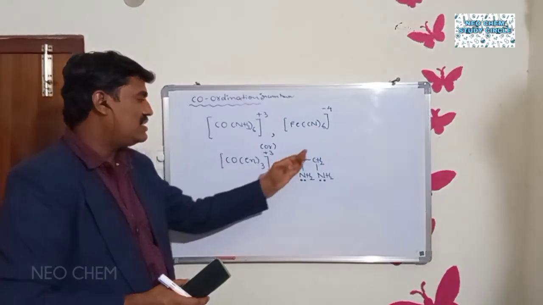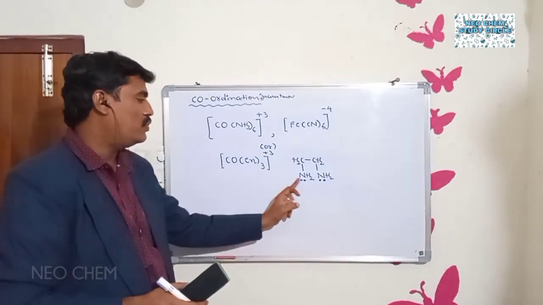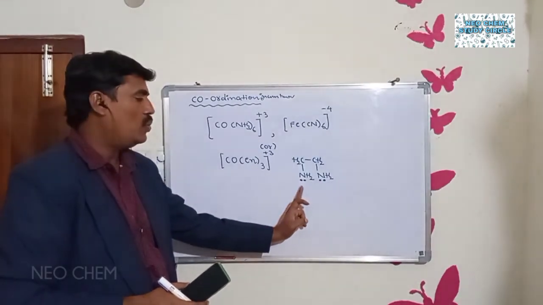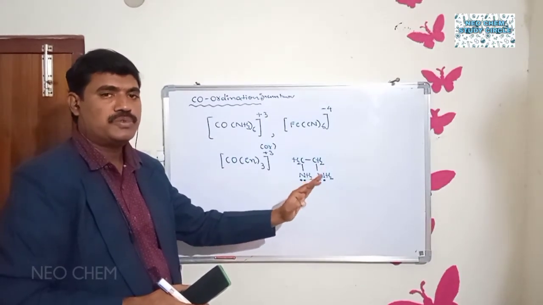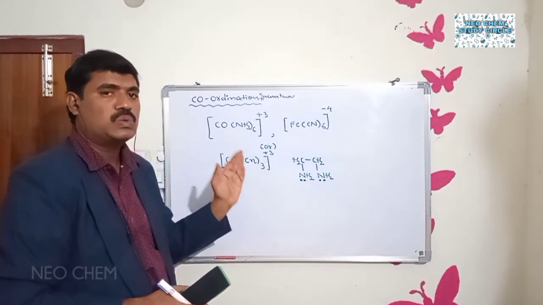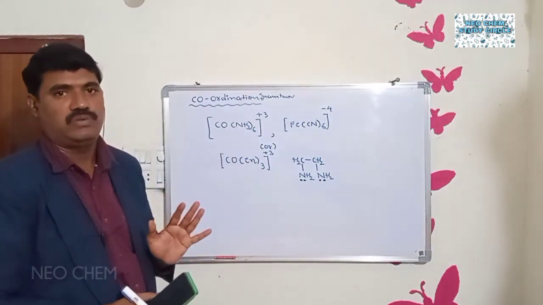So, in this ligand, how many electron-donating amine groups are there? There are 2 amine groups. Both the amine groups donate lone pairs of electrons to the central metal atom during the formation of the complex compound.